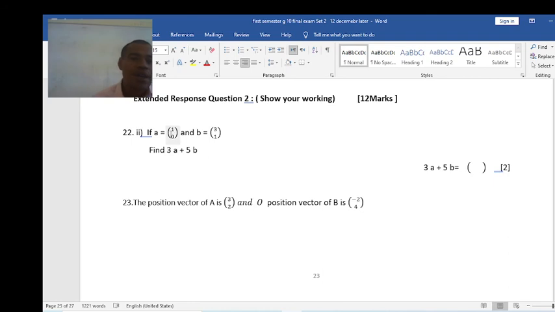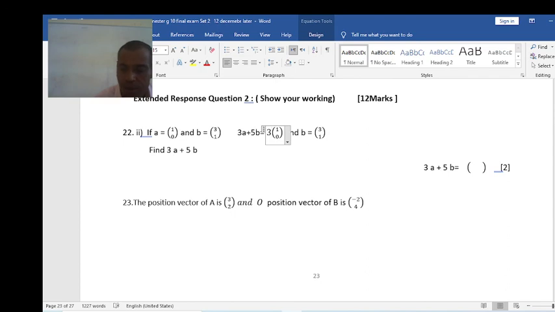So 3a plus 5b equals, I will multiply the first by 3, then my daughters and my sons I will make plus 5 times the second.